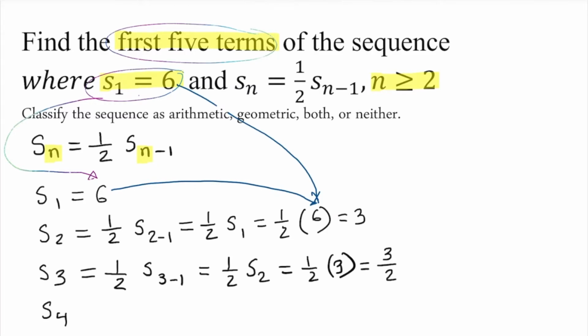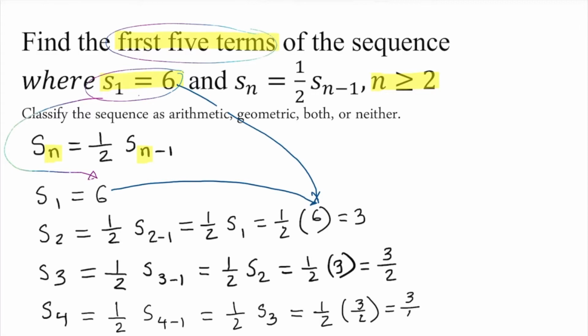Then we move into S4, which is 1/2 S3. S3 is the previous one we just found, so we substitute 3/2. 1/2 times 3/2 would be 3/4.